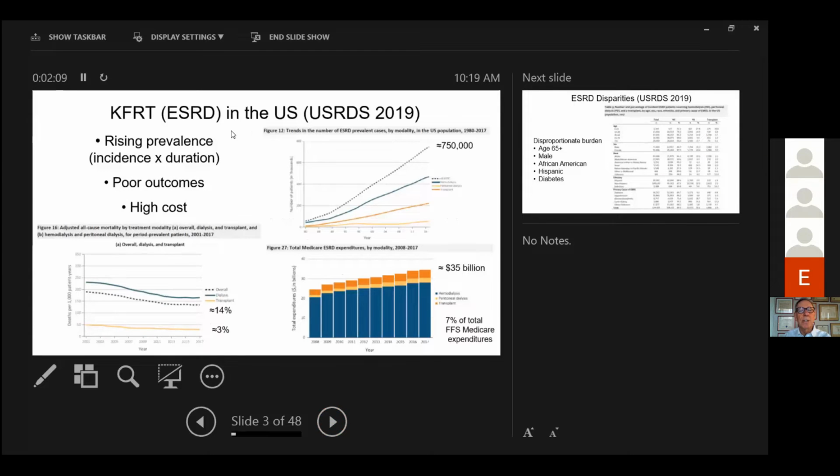Kidney failure in the US is characterized by an increasing prevalence and a high mortality for dialysis patients, about 14% per year, and an extraordinarily high cost, totaling 7% of Medicare fee-for-service expenditures.